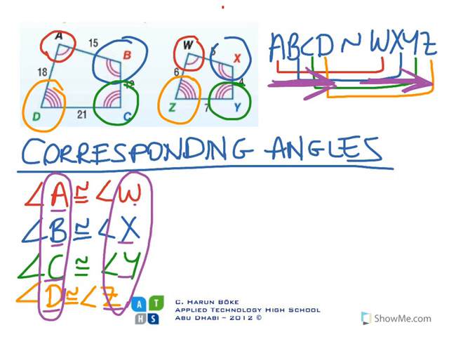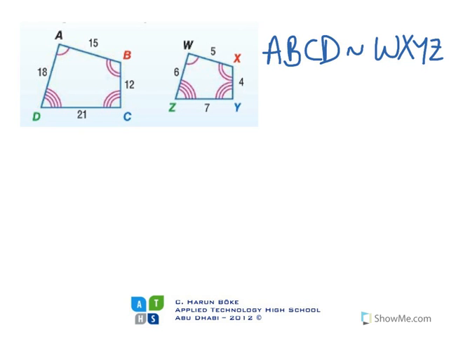Now also we have corresponding sides. We are going to write the corresponding sides as a proportion, as the equivalence of ratios, like AB over WX.